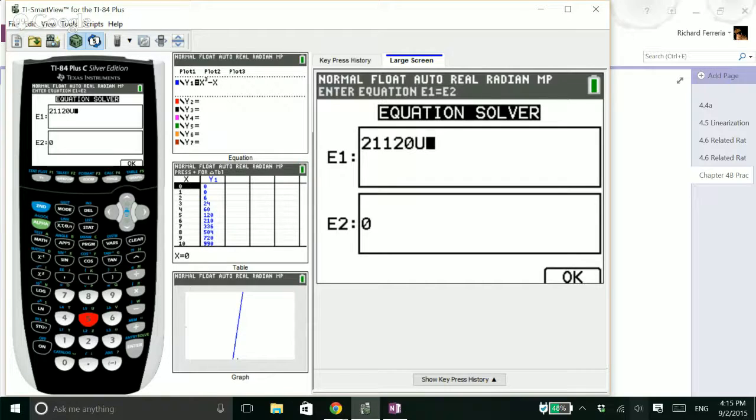Minus 10,560 square root of 9 plus u squared. Nine plus u squared, good. And I want that to be equal to 0.